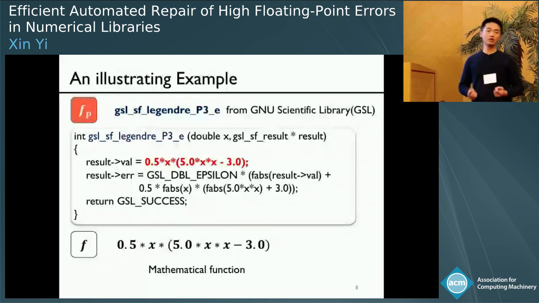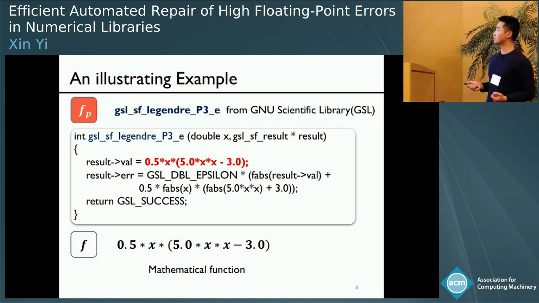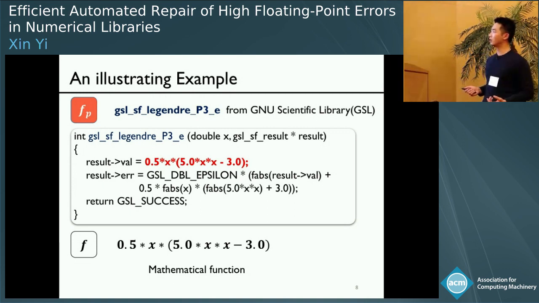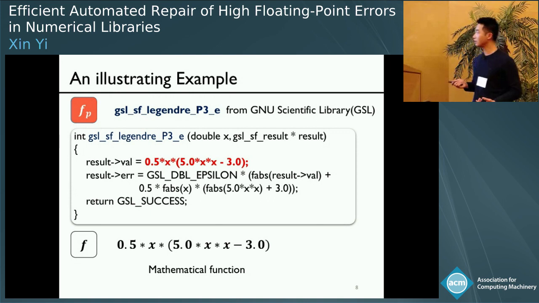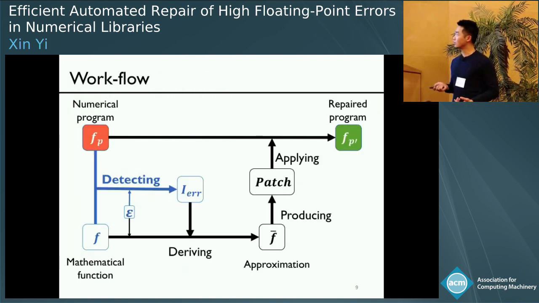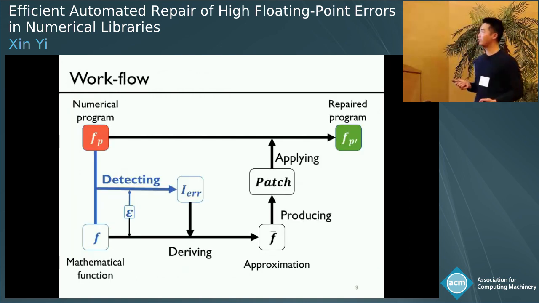Next, we will illustrate our approach with an example from the GNU Scientific Library. It is a Legendre function of order 3, which is actually a cubic function. For the first step, we detect high floating point errors.